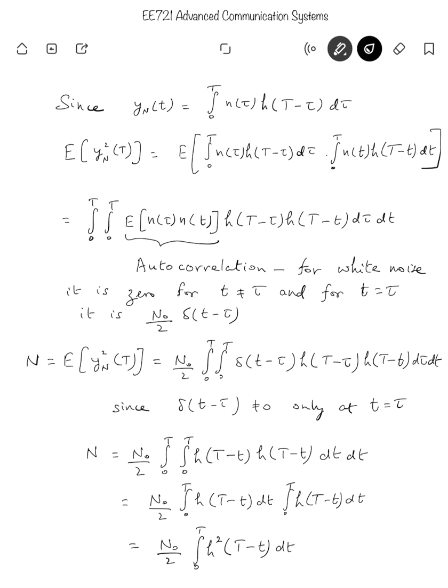So let's substitute that. We have the noise power given as the expected value of yn of t into yn of t, and because we are multiplying the integral twice, we just separate the variables. Here we denote the variable as tau, and here we denote it as t. Otherwise they are basically representing the same yn of t, right?